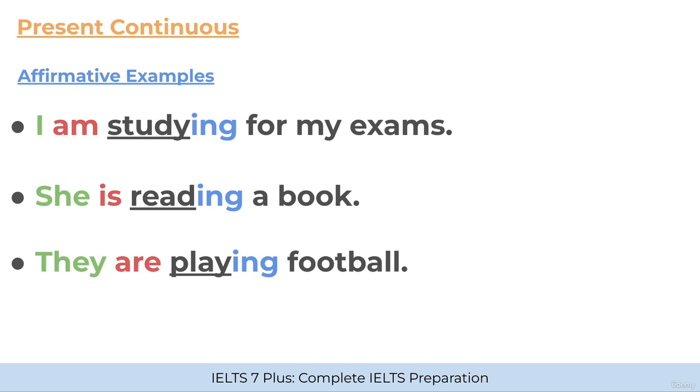And you can see that all of them are in the now. So even if this isn't happening right at this second, in general, these subjects are doing these things. So I'm studying for my exams. Well, you might not be studying right now, this very moment of speaking, but in general, you might be.